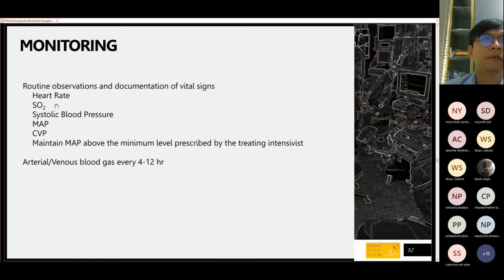So sure, we still have the same monitoring as other people staying in the ICU. So we have the heart rate, we have the SpO2, we have the systolic blood pressure, we have the mean arterial pressure. Okay, CVP.